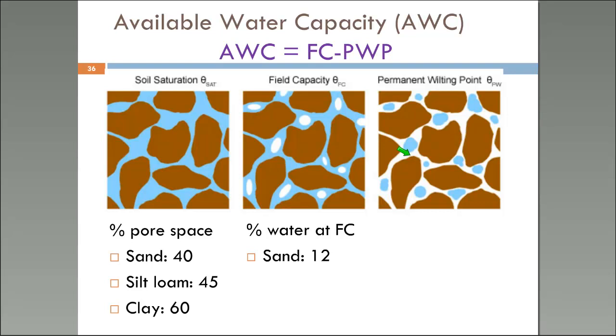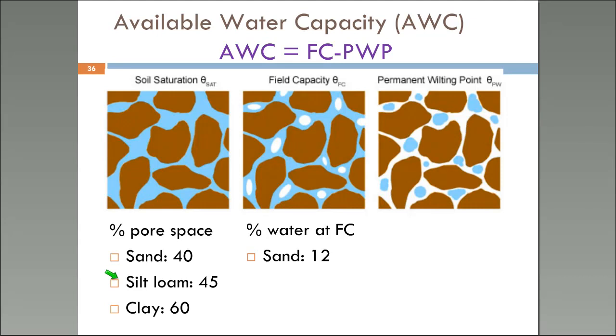Down here in this blue box, just to give you a perspective, a typical sandy soil has about 40% pore space. When it drains to field capacity, it has about 12% water content, and then only about 9% remains in the micropores, or is available for plant uptake.